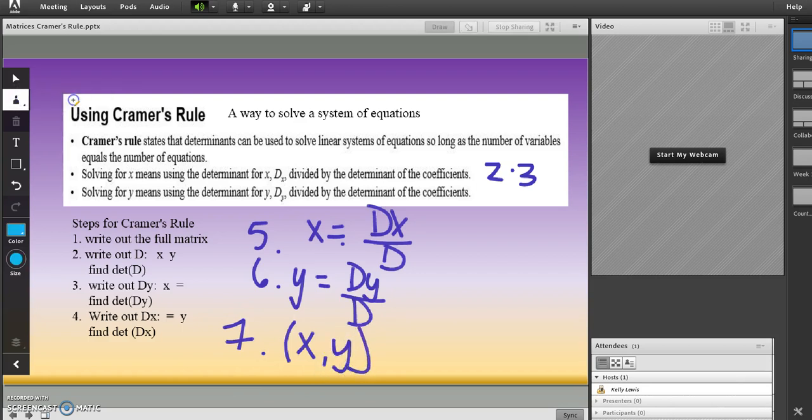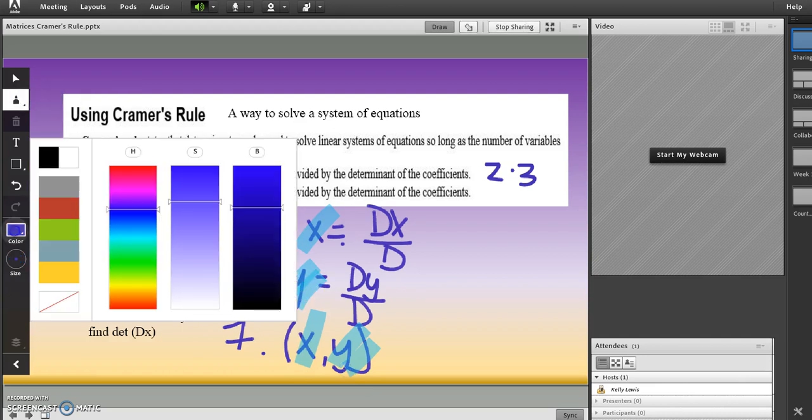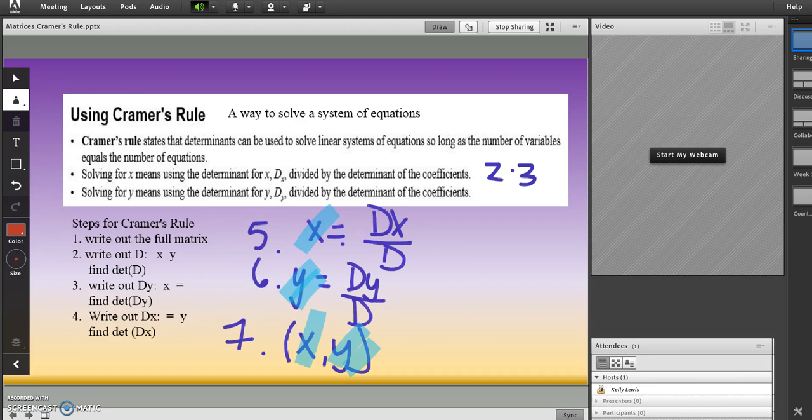Just a couple of things to notice. Dy is the x and the equal column, and Dx is the equal column and y, so they're opposite.